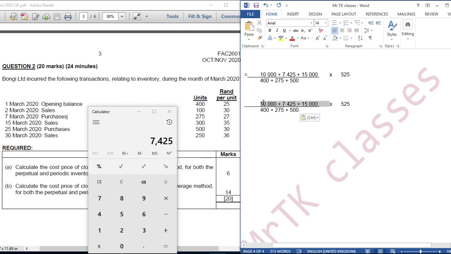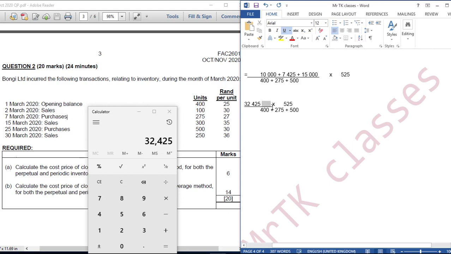So this numerator is going to be replaced by, okay, we are going to say 10,000 plus 7,425 plus 15,000. What are we going to get? We are going to get 32,425.